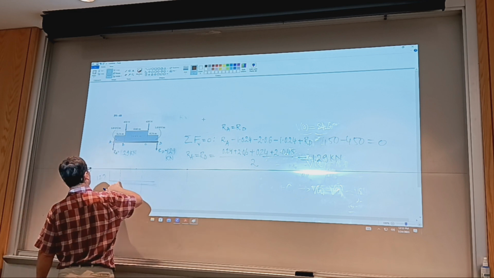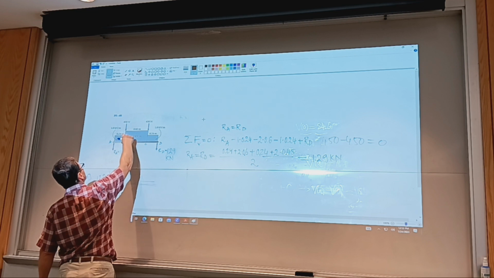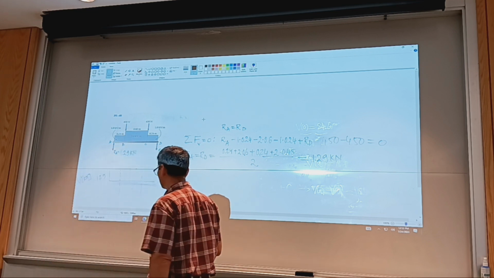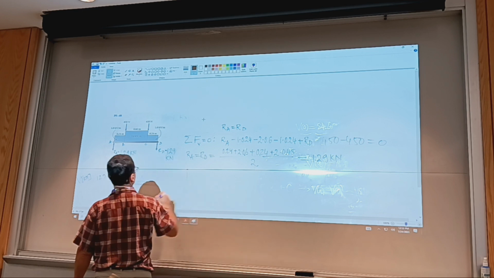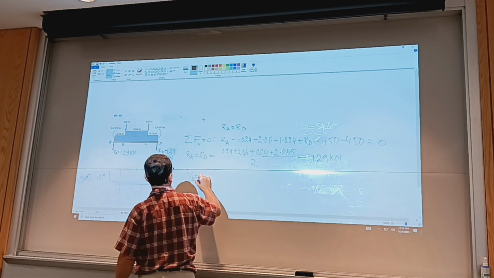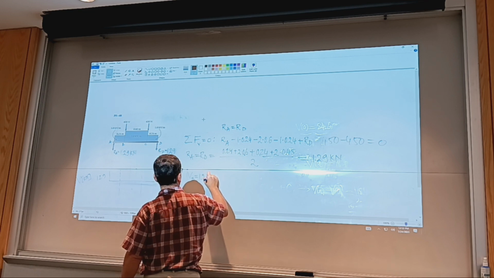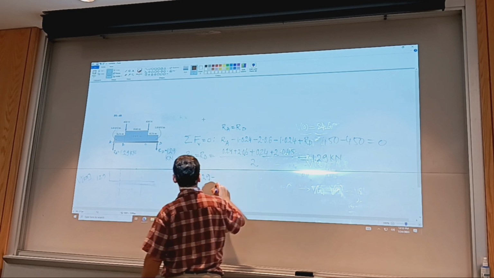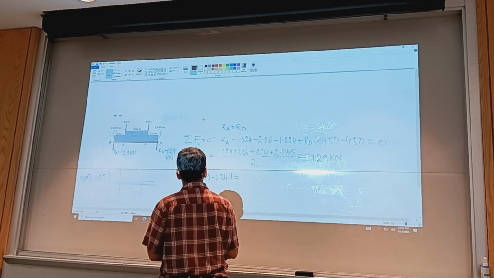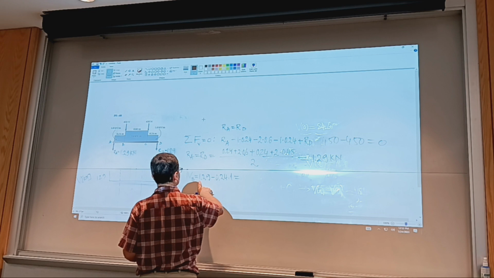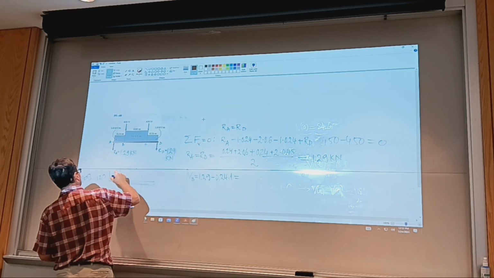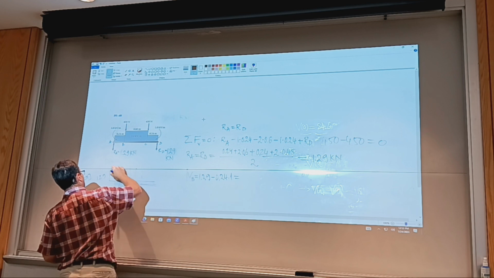We need to know the amount of shear force at point B. So for that, V at B is going to be 1.29 minus 0.24 times 1. All right, so this remains positive, it's going to be 1.05.